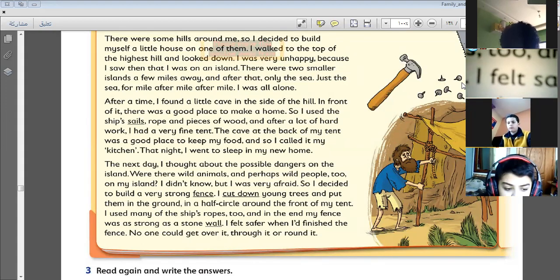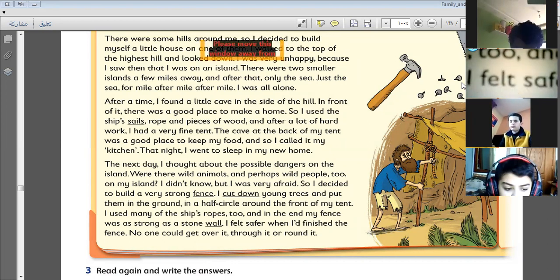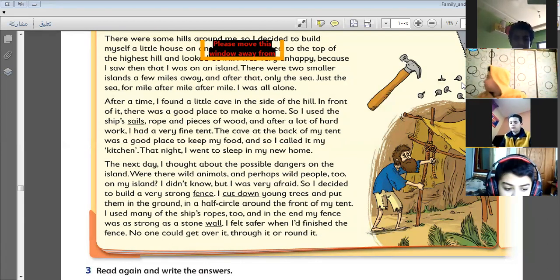Line number 23. Felt. And used. Used? Where is it? Line 23. The beginning of line 23, I used many of the ship's ropes. Can you see it? Oh yes, I see it.